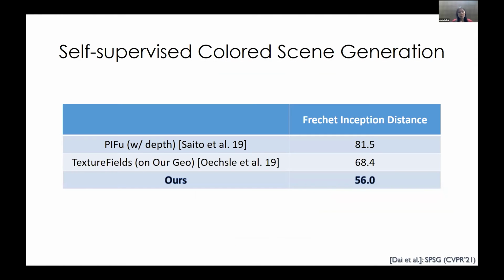And so we can measure the FID score in terms of the color generation here. And this can improve upon state-of-the-art alternatives that are leveraging these kinds of neural field representations. And here we're just predicting directly on the surface, on the voxels on the surface.